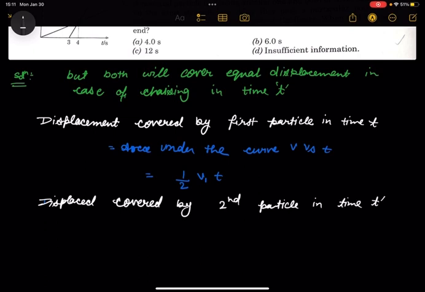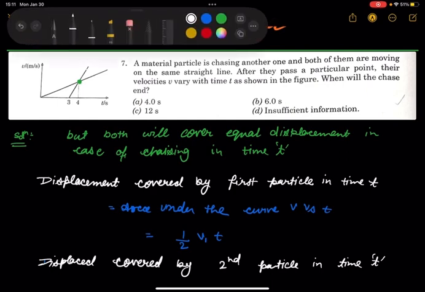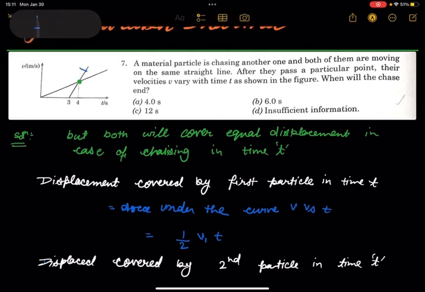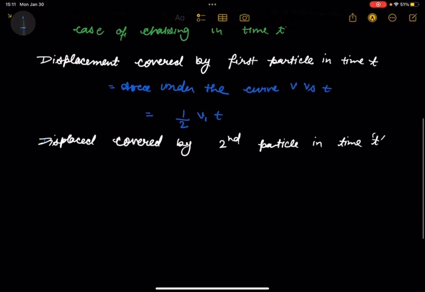So let's say the second particle starts the motion after t equal to 3 seconds, meaning the first particle starts from t equal to 0, but the second particle starts from t equal to 3 seconds. So again we calculate the area under the curve, which is half of v2 into (t minus 3).